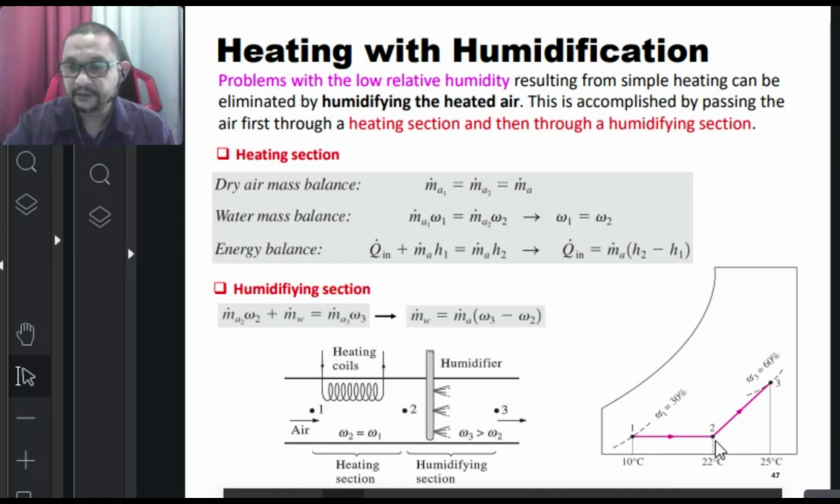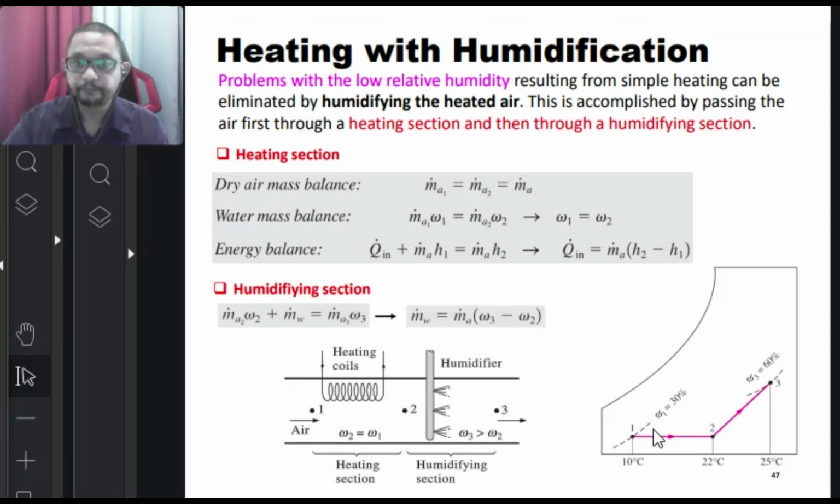Then from 2 to 3 is the humidifying section, where steam, not water, is sprayed. The temperature increases to 25 degrees Celsius, and the relative humidity also increases to 60% compared to the first one, which is only 30%.